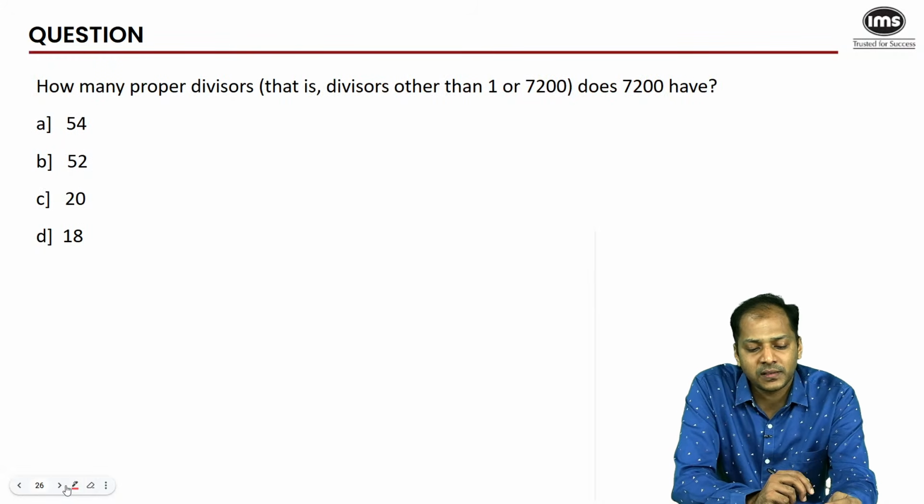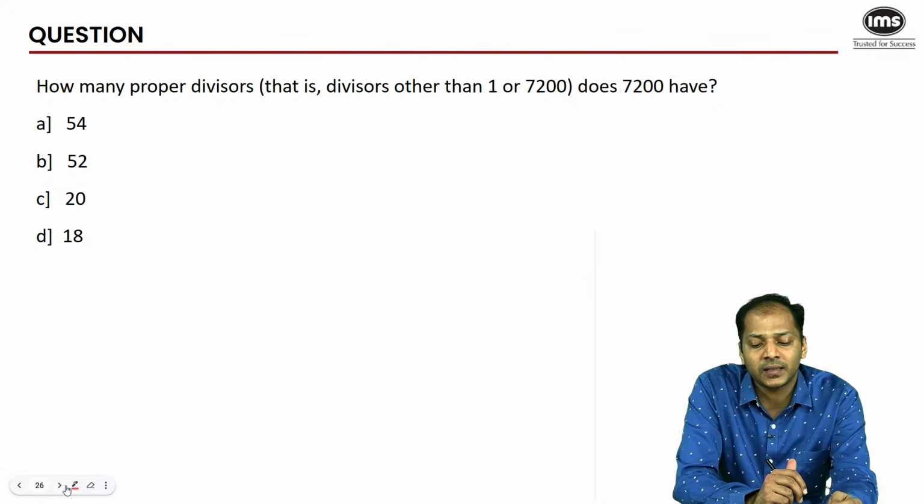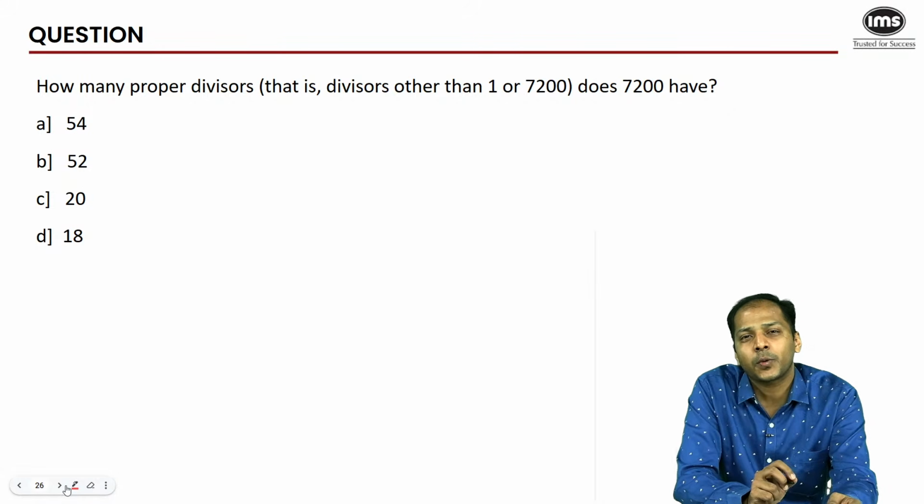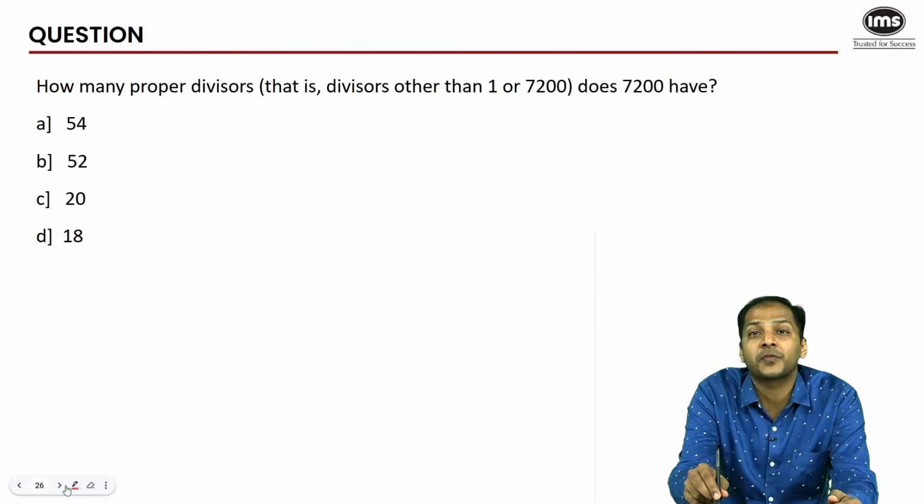How many proper divisors, that is divisors other than 1 or 7200, does 7200 have? This question uses your concept of number of factors.